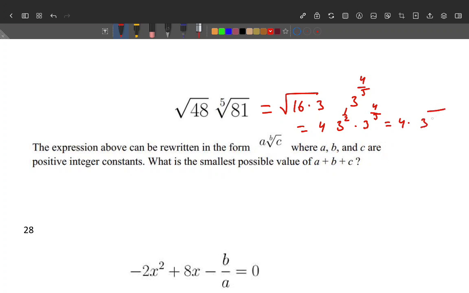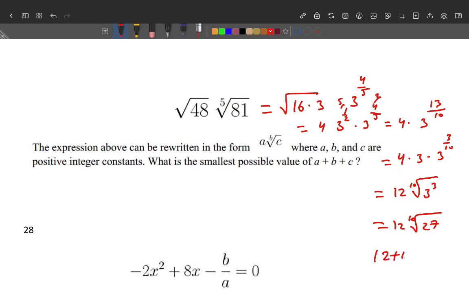The common denominator, it's 5, yes. 10, 5, 2. 13 gives us 3 like this, and 12 is equal to 27.